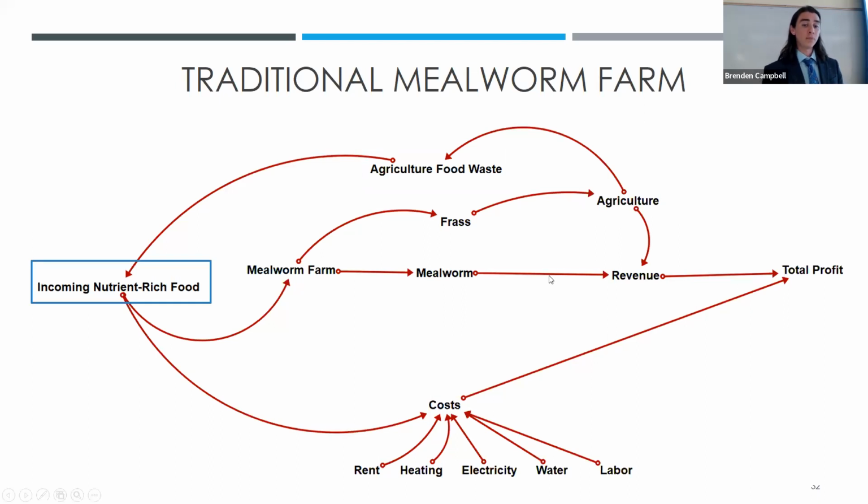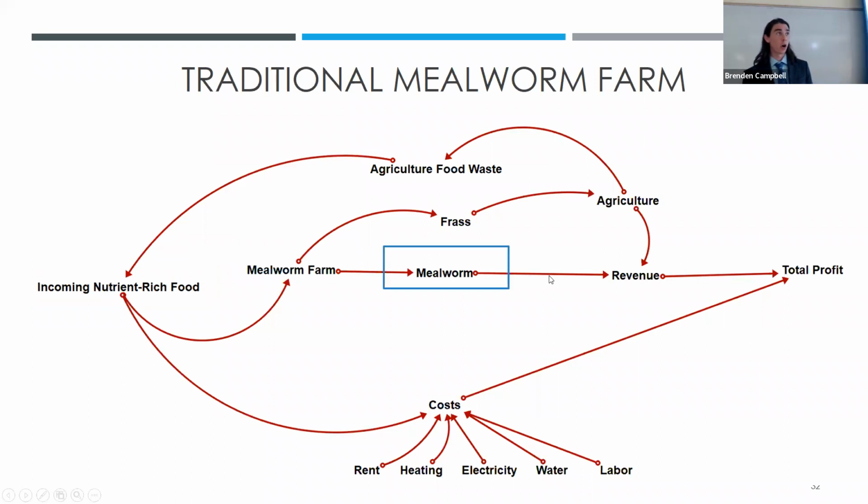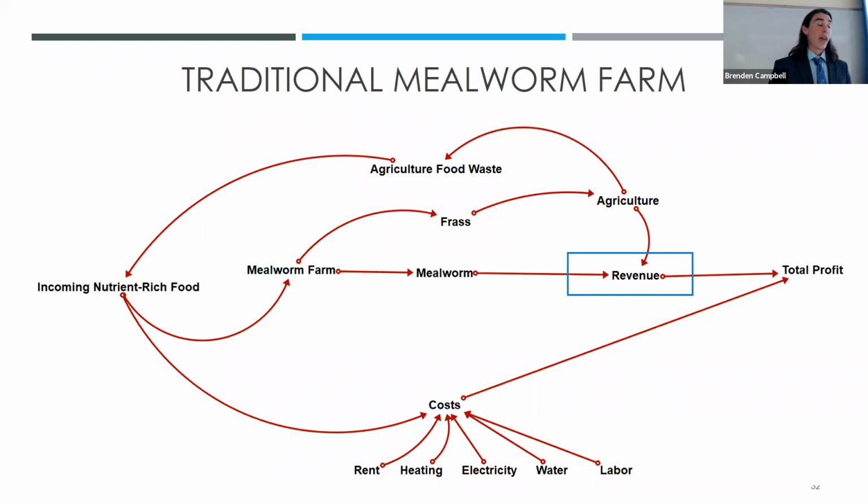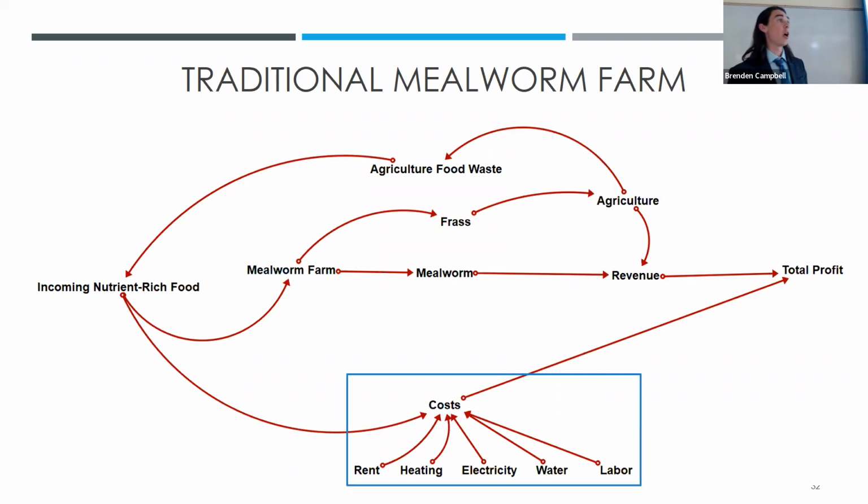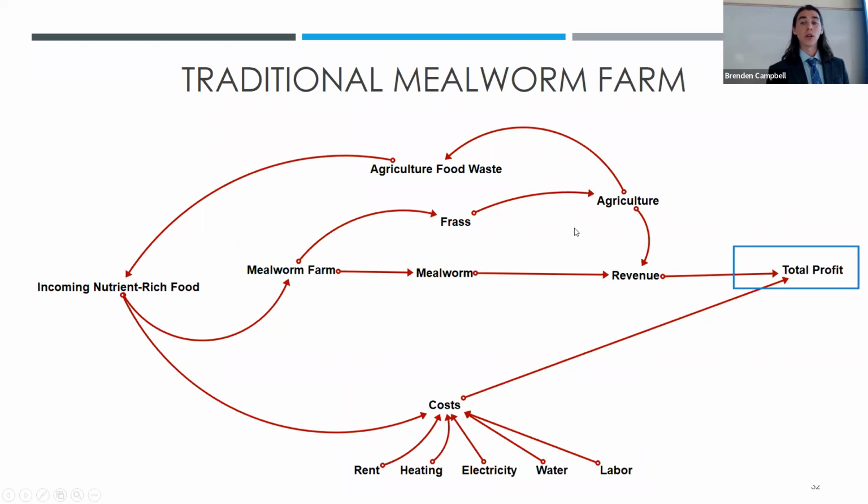We also have mealworms as an output from our mealworm farm. They help generate some revenue. We also have associated costs with running a farm in the form of rent, heating, electricity, water, and labor. And all of those boil into our total profit calculation.